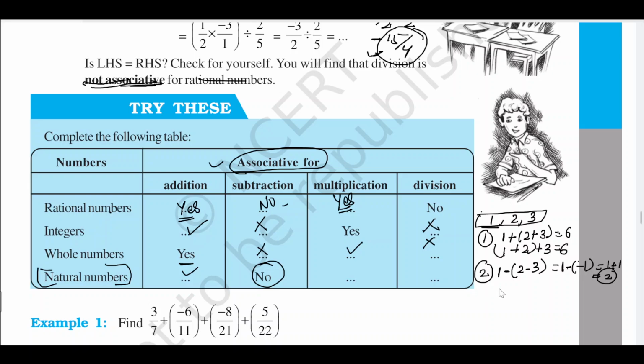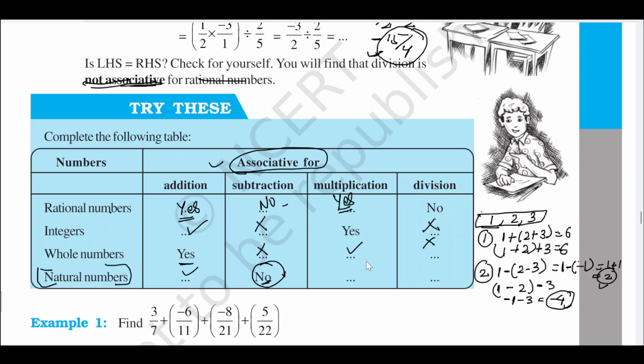Now we change our bracket: bracket 1 minus 2, then minus 3. In this case 1 minus 2 is minus 1, minus 3 is minus 4. So minus 4 is not equal to 2. LHS is not going to be equal to RHS. So it is no, not following. It has already failed here.